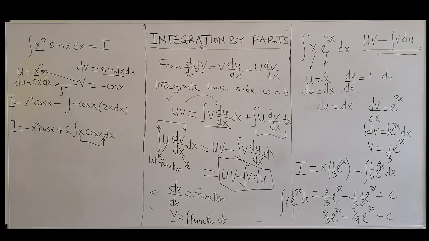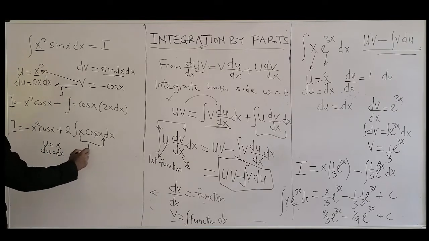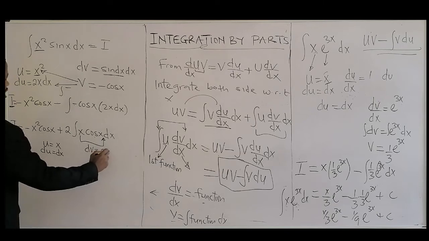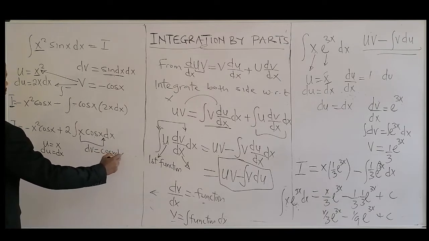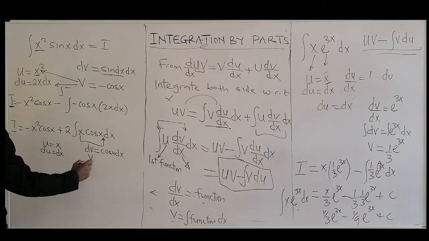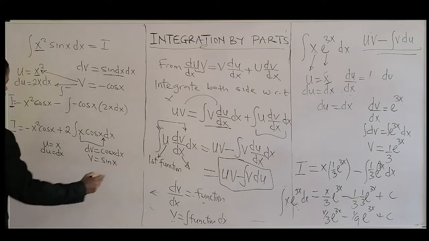So we are going to repeat the integration by parts, whereby this one will be much simpler for differentiation. So we are going to have u is x and du dx is equal to 1. Then dv dx is cos x, and if you integrate both sides, you have v equal to sin x.